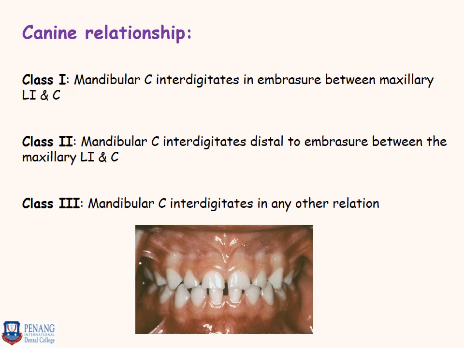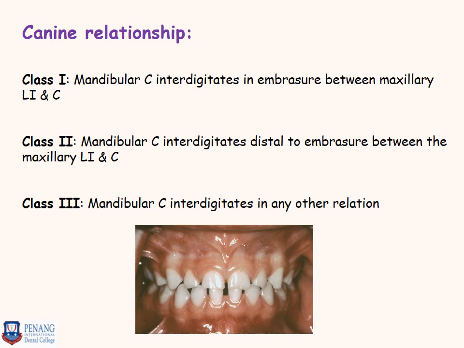So next is the canine relationship. In canine relationship, we have class 1, class 2 and class 3. Class 1 is when the mandibular canine interdigitates in the embrasure between the maxillary lateral incisor and canine.